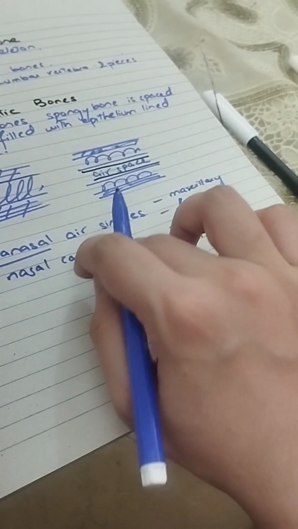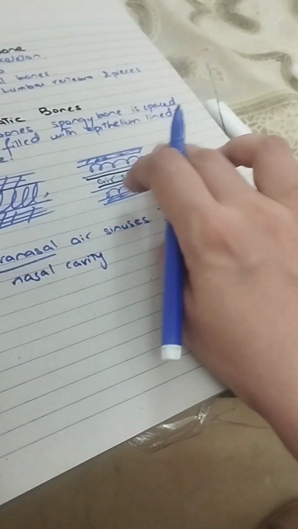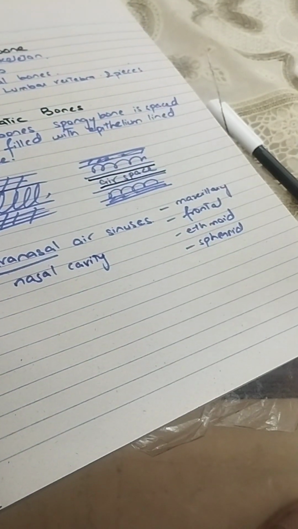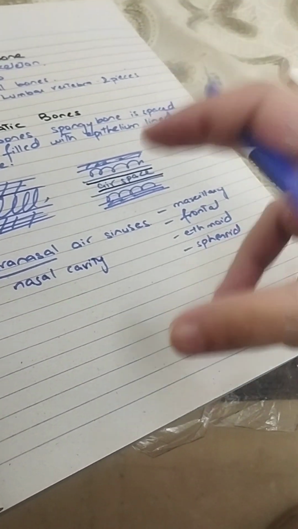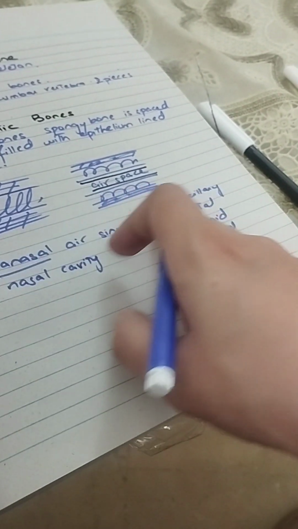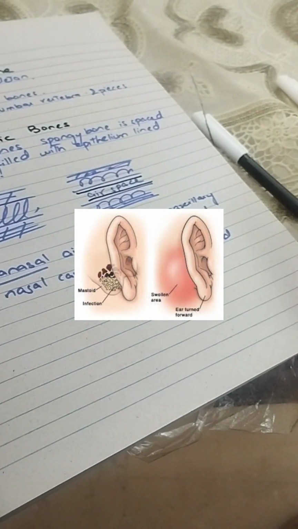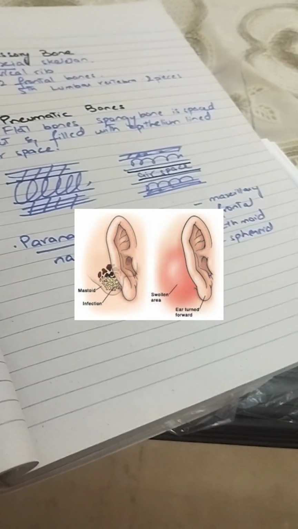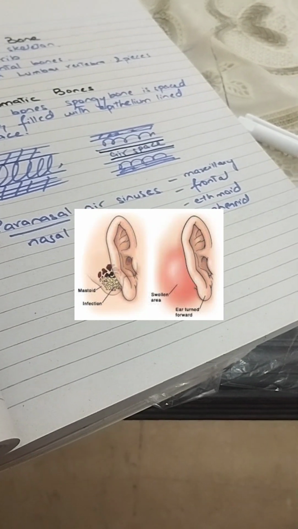So when your nose is blocked, these air sinuses, instead of filling up with air, get filled up with mucus and you get that nasal tinge in your voice, which tells us that these paranasal air sinuses are there to provide certain resonance to our sound, which becomes absent when we have nasal congestion. That's their clinical importance. So they're very important bones, and they also lighten the skull.